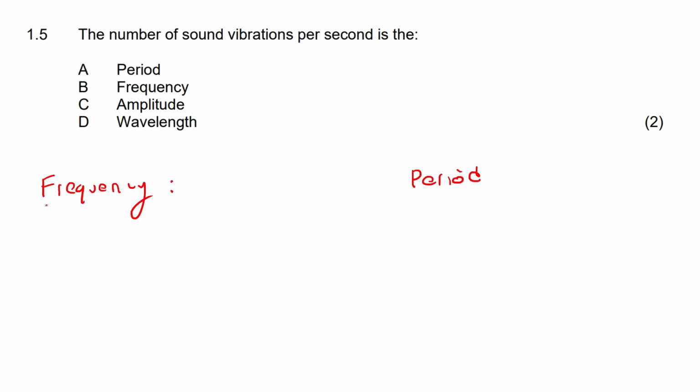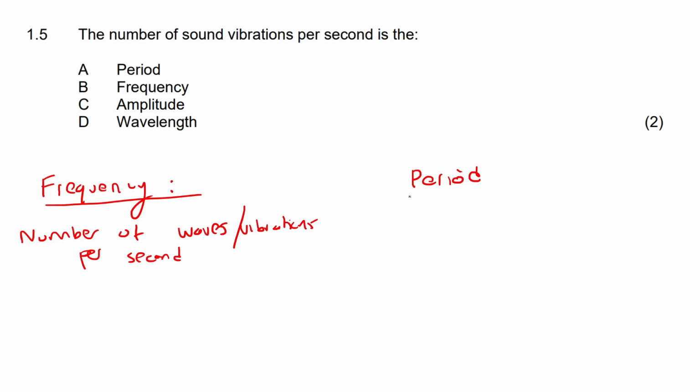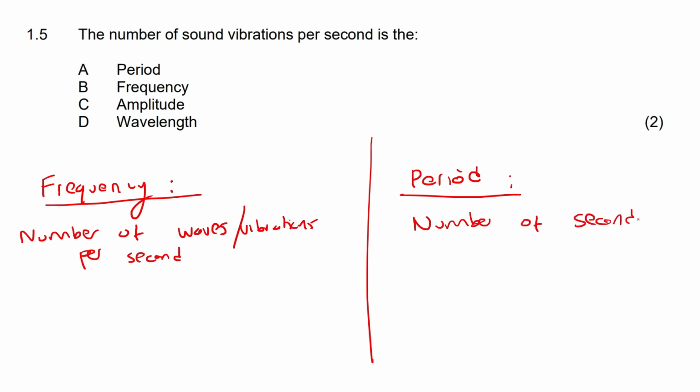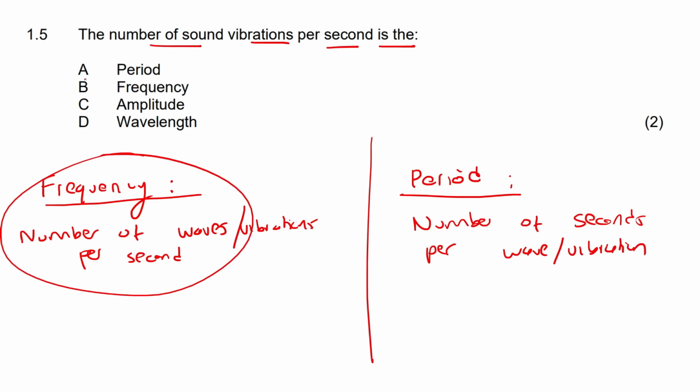Now with frequency, remember we said that it was the number of waves, or you could think of it as vibrations per second, whereas period was the opposite. It was the number of seconds per wave or vibration. So if they're saying the number of vibrations per second, then it's this one, frequency, which is B.